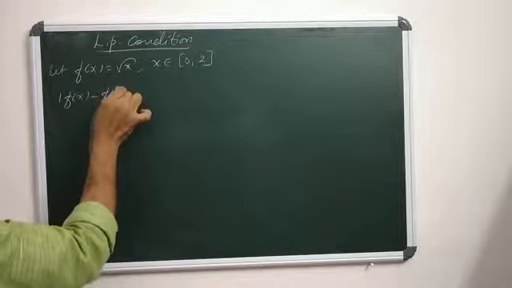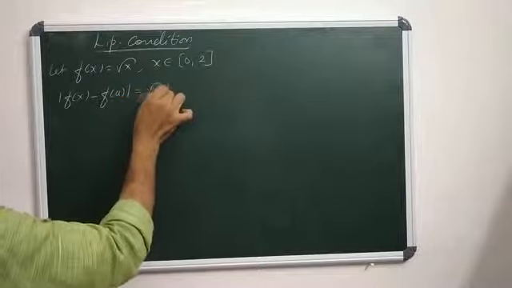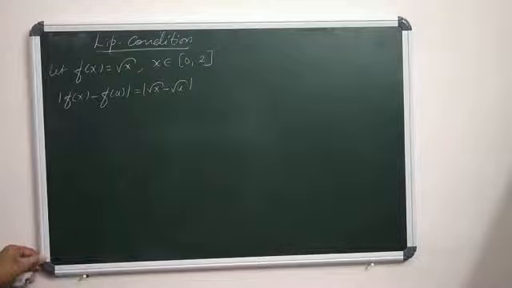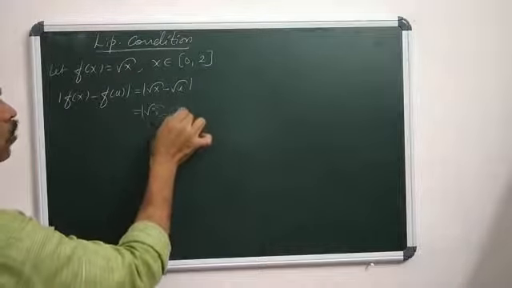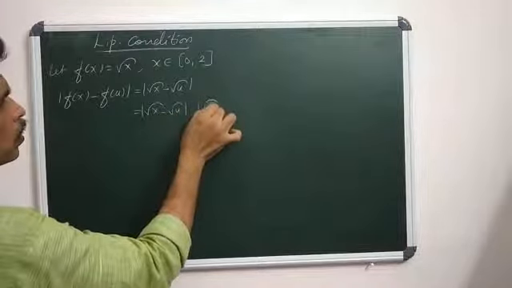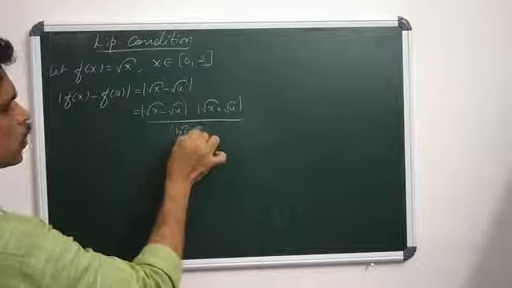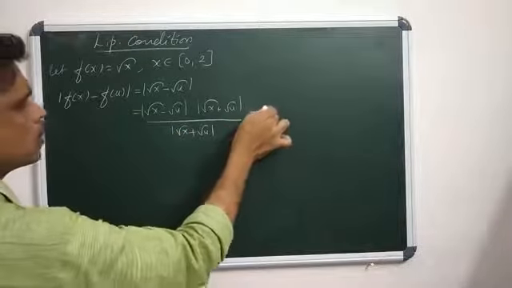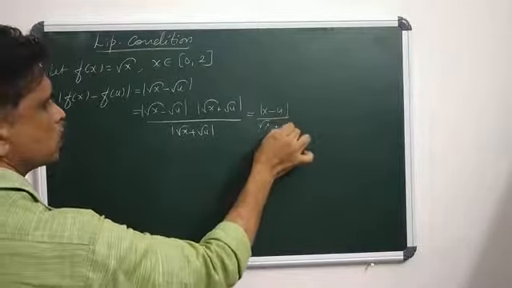It equals modulus of root x minus root u, which equals modulus of root x minus root u into modulus of root x plus root u, divided by modulus of root x plus root u. The numerator is modulus of x minus u, divided by root x plus root u.